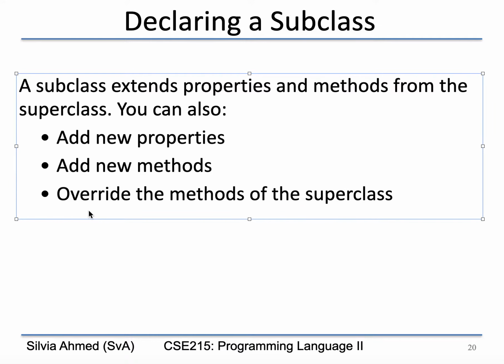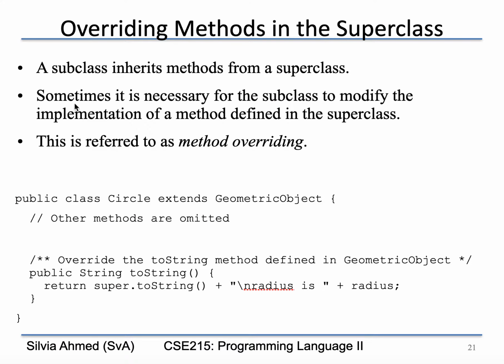So method overriding means a subclass inherits methods from a superclass. But sometimes it is necessary for the subclass to modify the implementation of a method defined in the superclass, and this is referred to as method overriding.